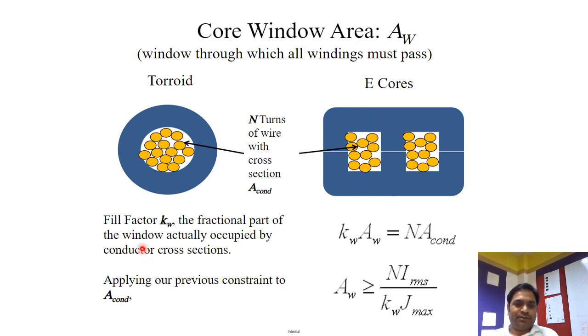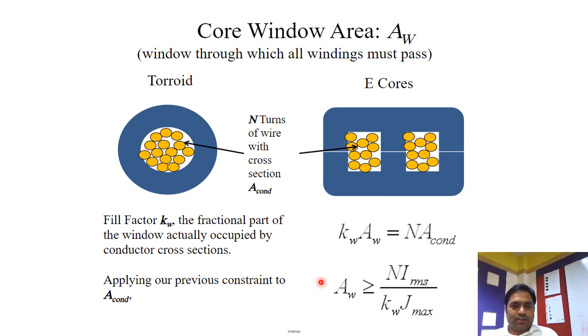So for this we choose the fill factor Kw, which is the fractional part of the window actually occupied by the conductor cross section. According to this, Kw Aw, the fill factor times the window area, must be equal to the number of turns multiplied by the area of the conductor.